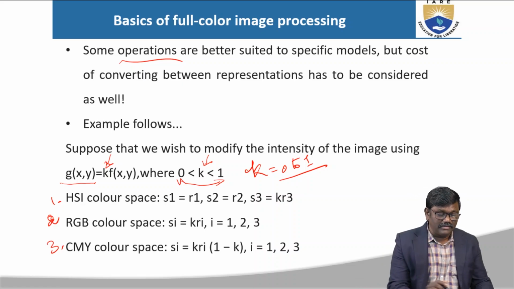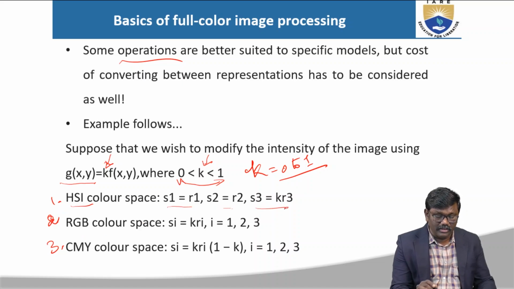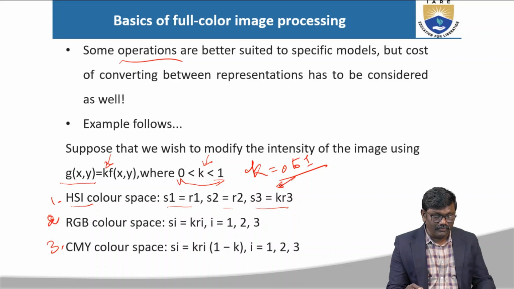So one is the HSI color model, where we are assigning S1 equal to R1, S2 equal to R2 times K. So this K value is varied here.